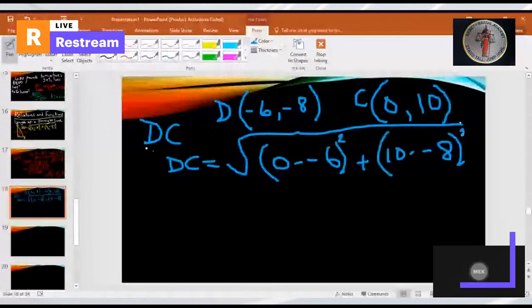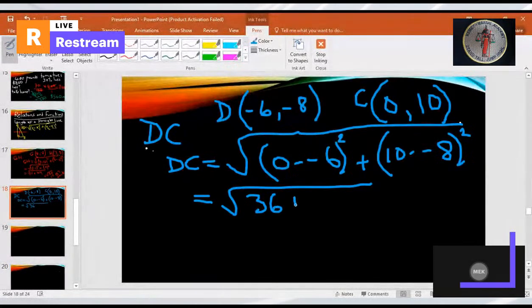So this will give a +6, and when we square it, we get 36. 10 minus -8 is 18.